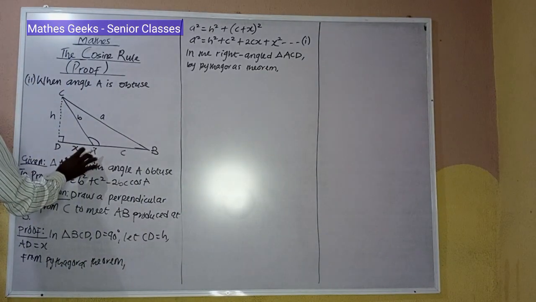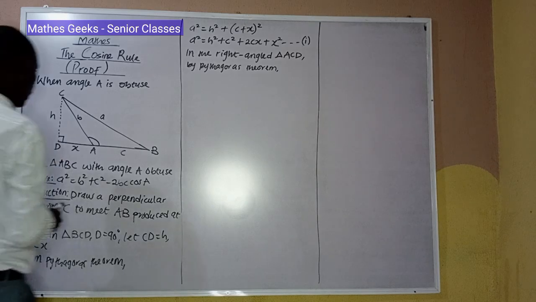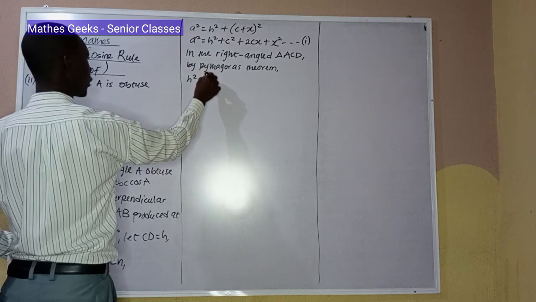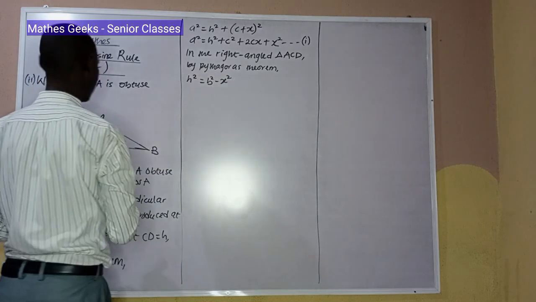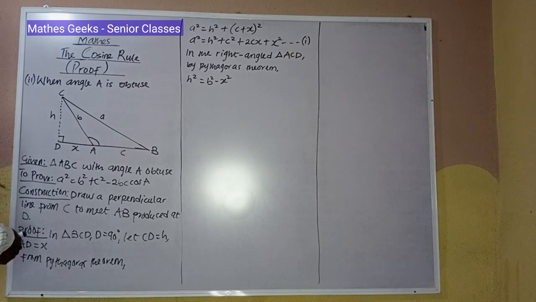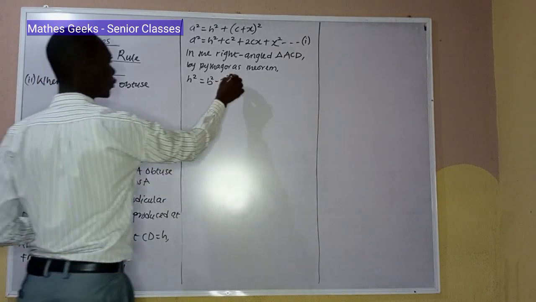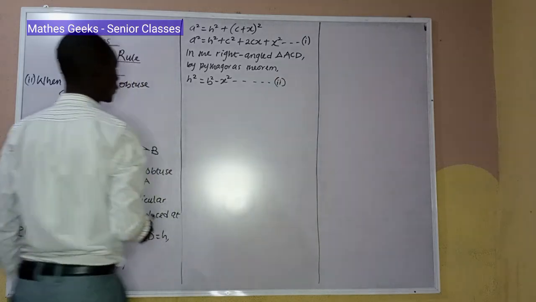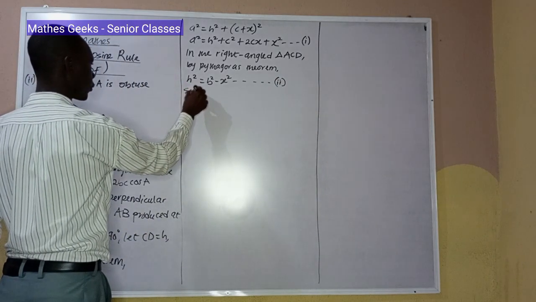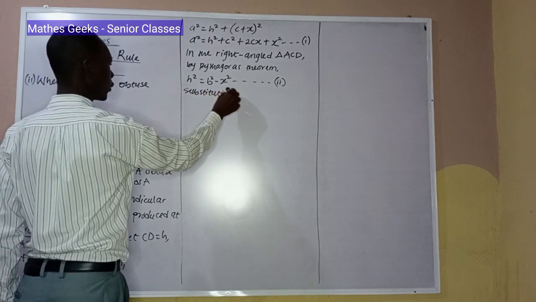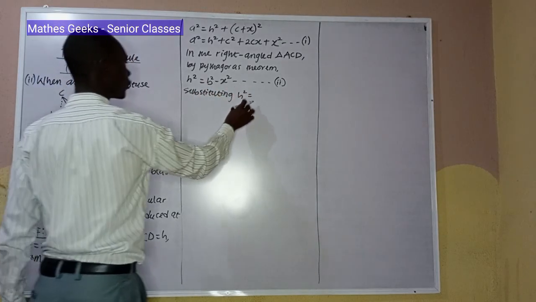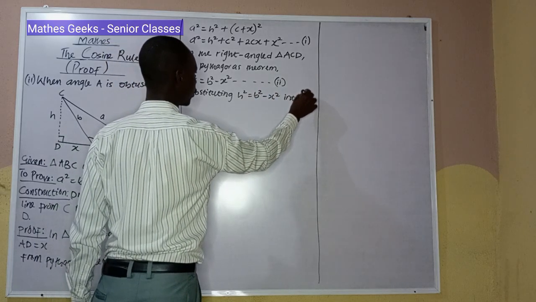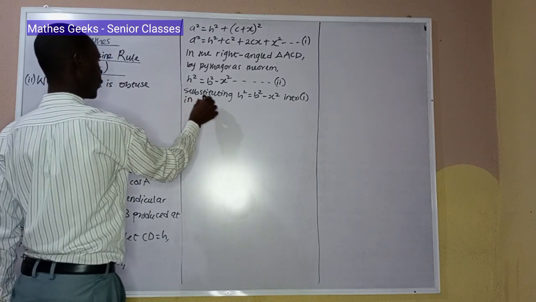In the right angle triangle ACD, h squared is equal to b squared minus x squared. We'll call this equation 2. So substituting h squared is equal to b squared minus x squared into equation 1 in place of h squared.